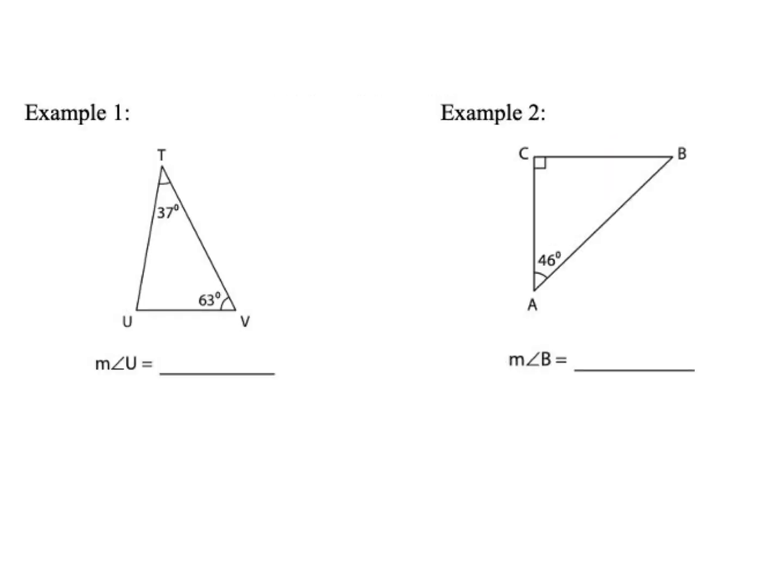All right, so here we have example number 1. This is a triangle, right? We have 37 degrees, we have 63 degrees, and this is the measurement of angle U. That's what it actually means. So the measurement of angle U is what we're looking for.